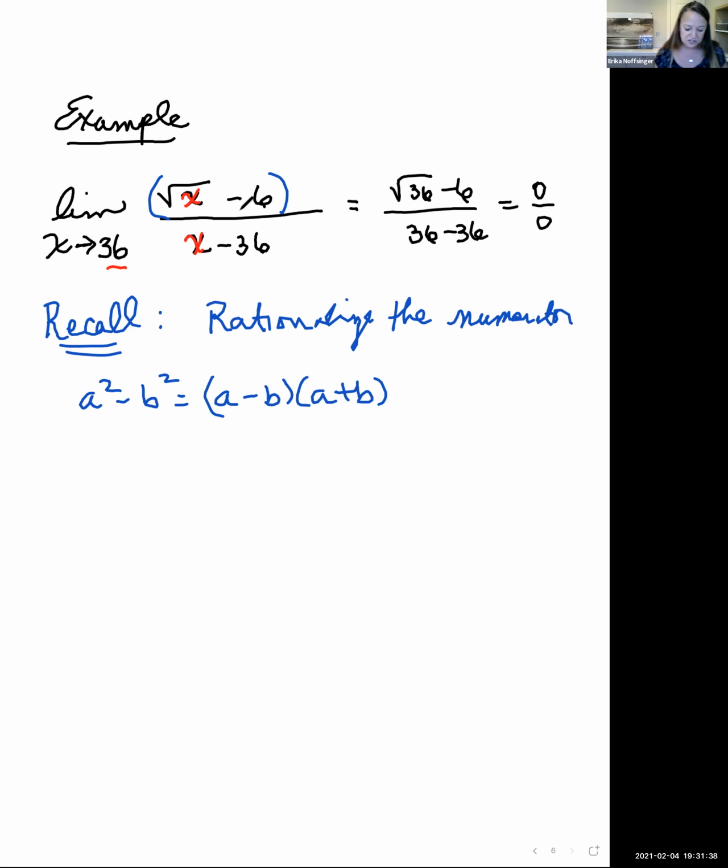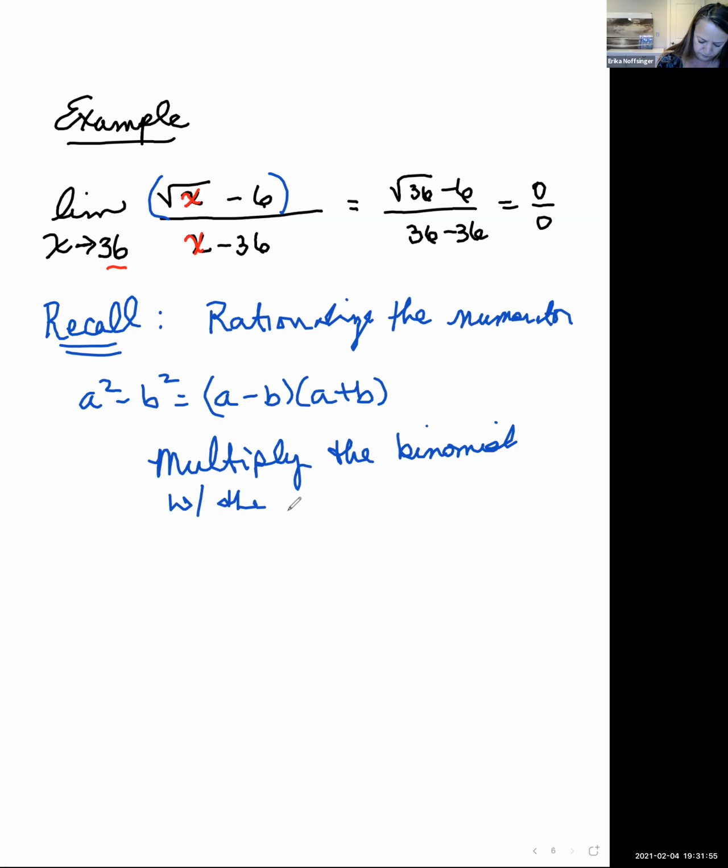And so we can rationalize the numerator or denominator, depending, by multiplying the binomial, the two terms that has the radical, by its conjugate.